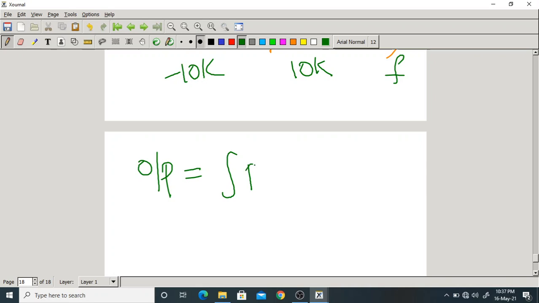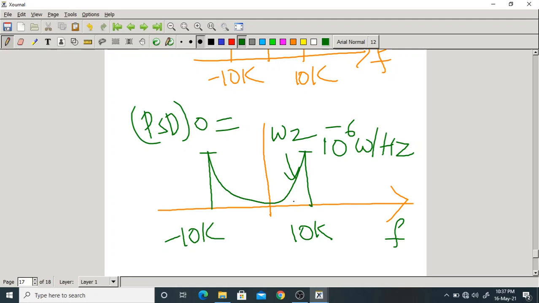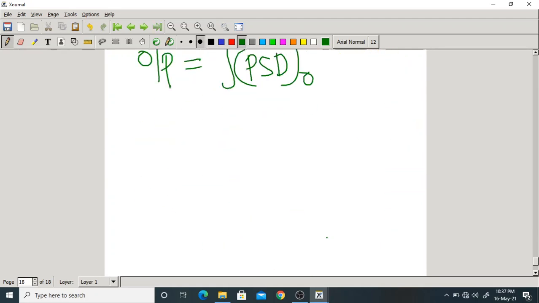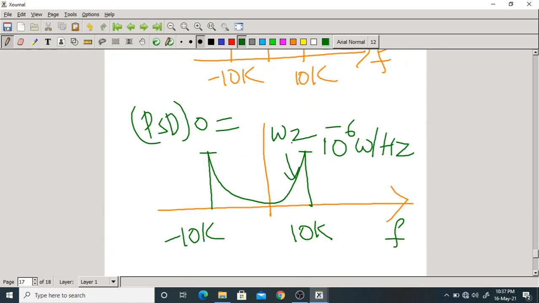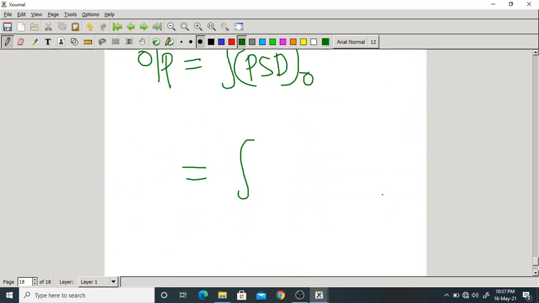Area under the output PSD. So what is the output PSD? It is a parabola from minus 10k to plus 10k. So it is not omega square into 10 power minus 6 everywhere.